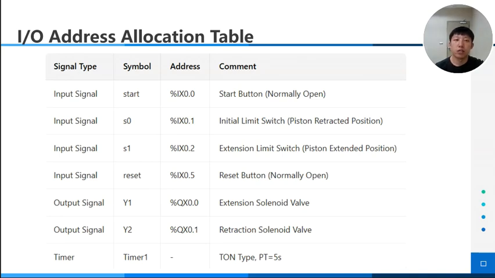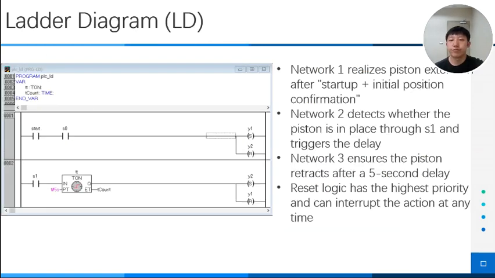The indicator limit switch S0 is %IX0.1. The extend solenoid valve Y1 is %QX0.0 and timer 1 is set to 5 seconds. This table is the base of programming. All three languages use the same addresses.